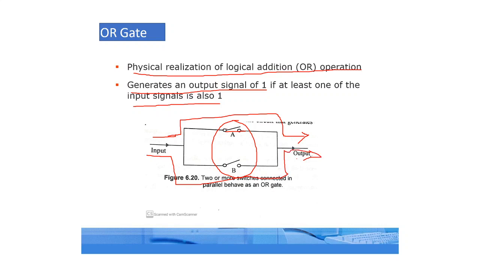And if both A and B are in on state, then the input will reach the output either by this path or by this path. So if any one of them or both are in on state, the output is 1. Otherwise, if both A and B switches are in off state, then the output is 0.